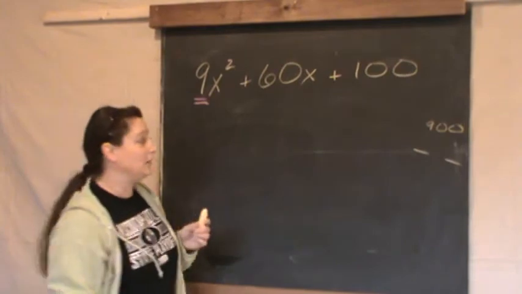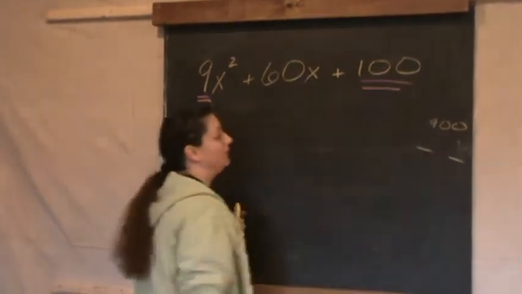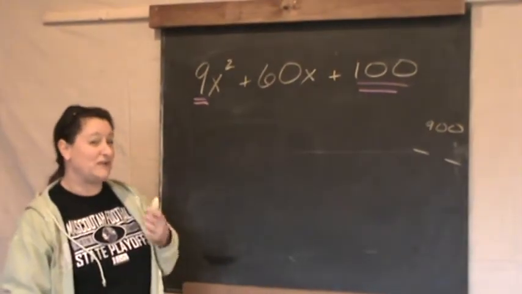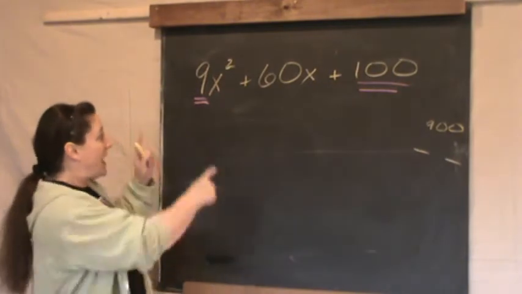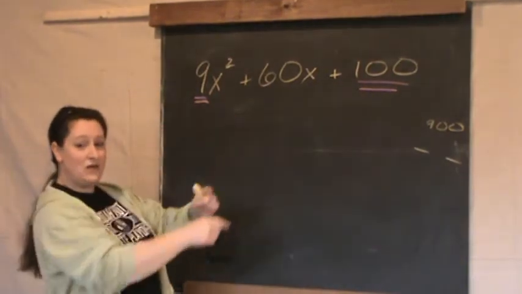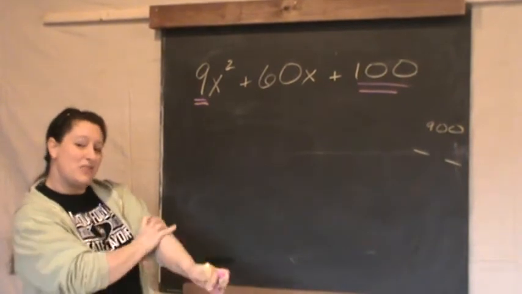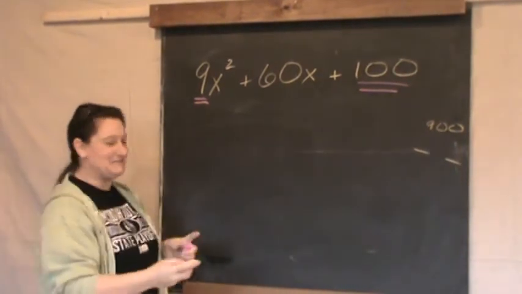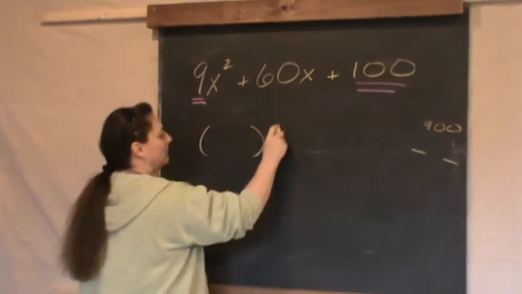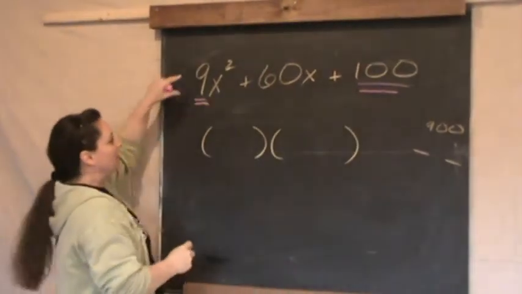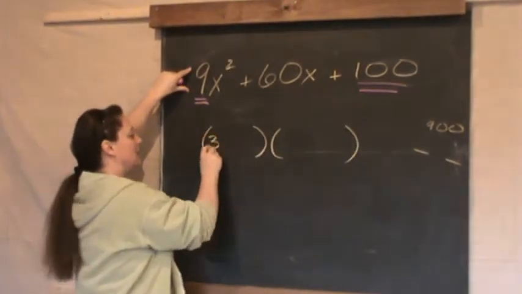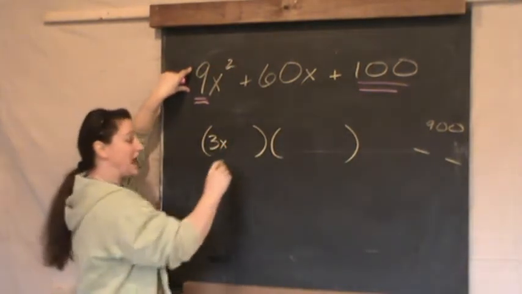9 is a perfect square. 100 is a perfect square. When I start and end with a perfect square, this is probably another pattern. This is 3x times 3x.